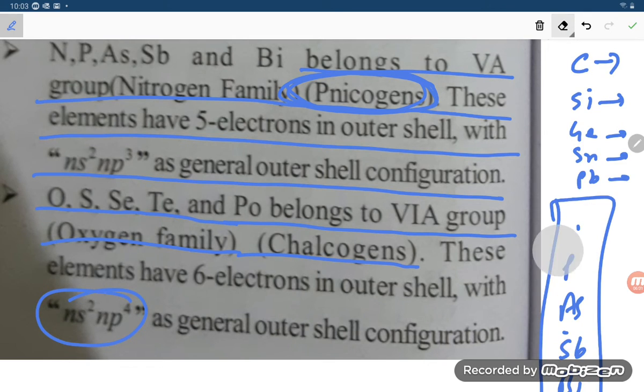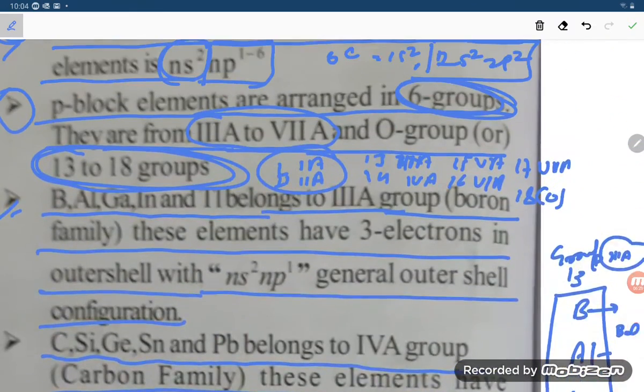I am trying to erase this, but it is not getting erased. Let me write somewhere here. That is also not getting erased. So oxygen, sulfur, selenium, tellurium and polonium: 'Old style say typo.' O for old, S for style, Se for say, Te for typo. Old style say typo, this is the answer.